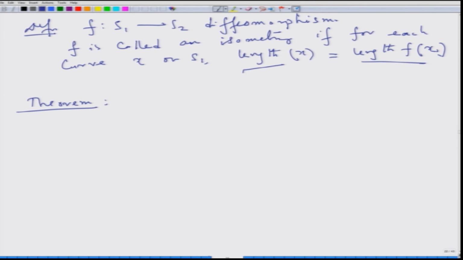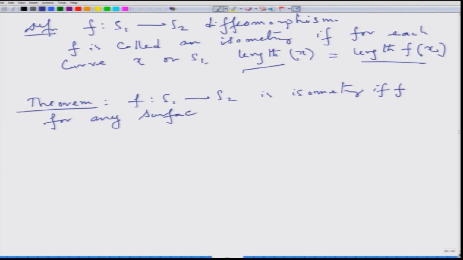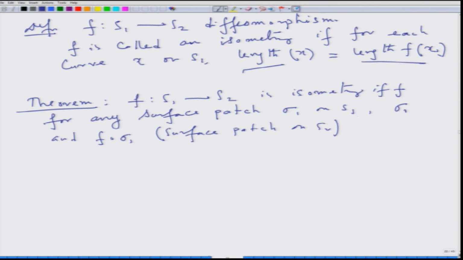And obviously the theorem we are looking for is what I was trying to explain through wrapping the plane. It is true in general that f from S1 to S2 is an isometry if and only if for any surface patch sigma 1 on S1, sigma 1 and f composed with sigma 1, which is a surface patch on S2, have the same first fundamental form.